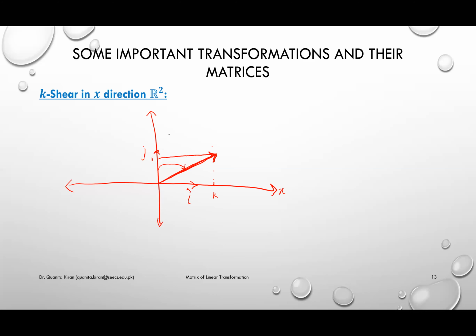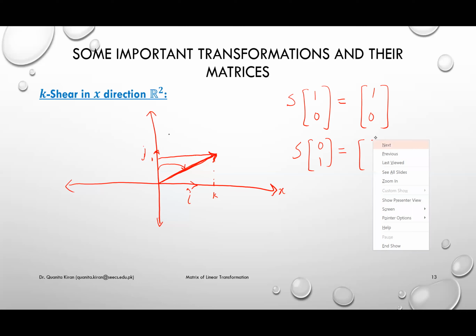So if we see here, let's say S is the shear transformation, then we apply shear on (1, 0), and it remains (1, 0). And if we apply S on (0, 1), then it becomes (k, 1).